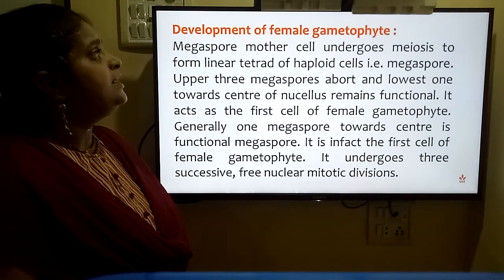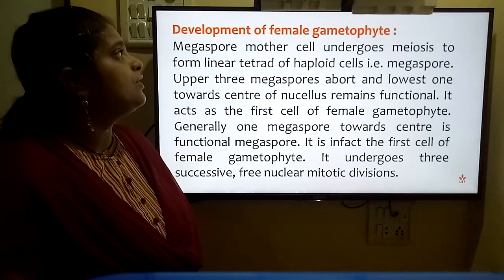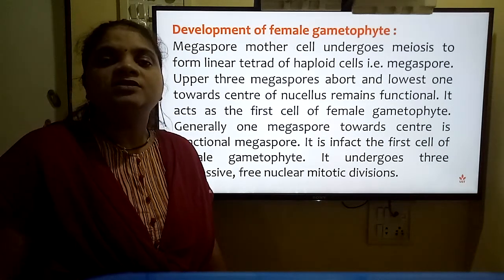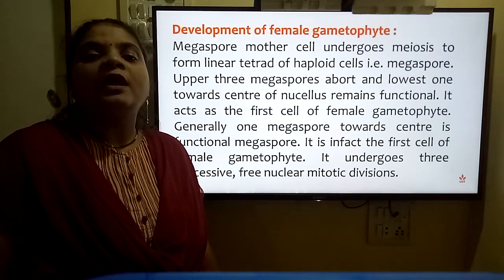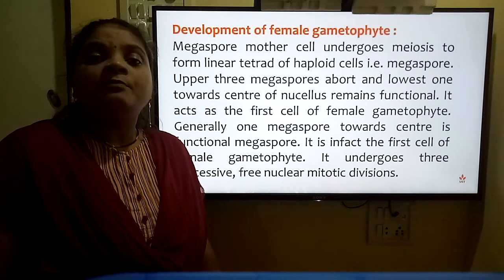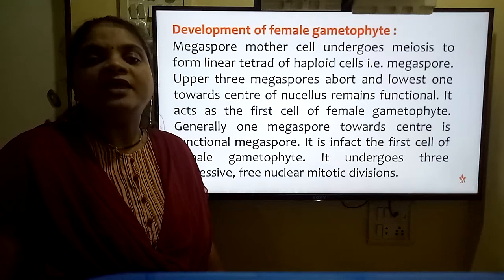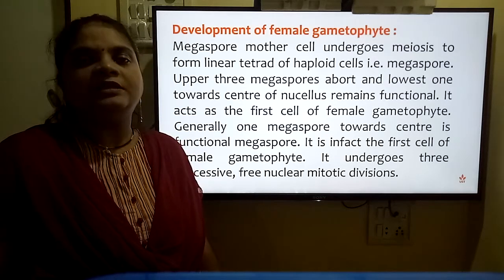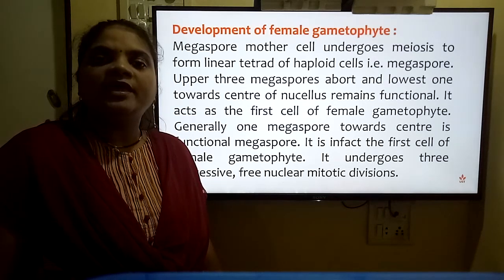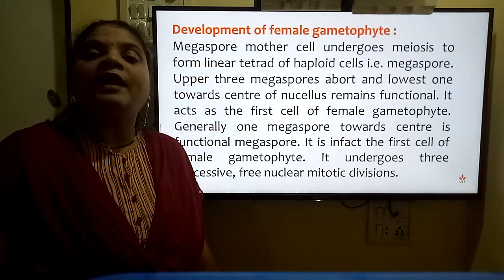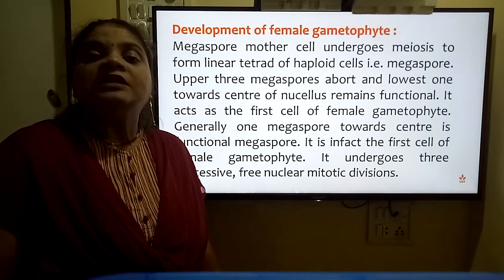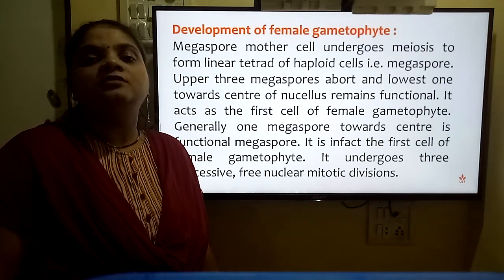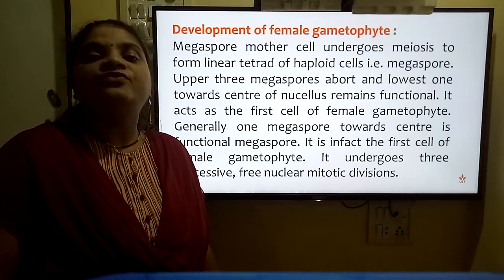Now the development of the female gametophyte. The megaspore mother cell undergoes meiosis to produce four haploid megaspores, a tetrad, which are arranged linearly. The first three megaspores degenerate or abort, and the lowest one, which is present near the center of the nucellus, is the functional one.